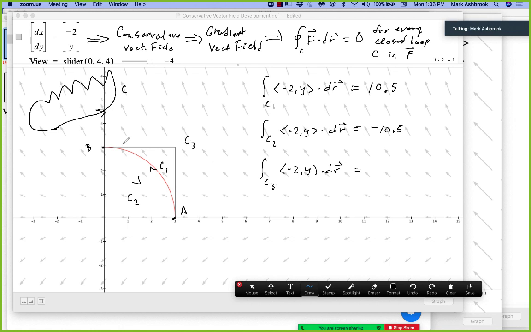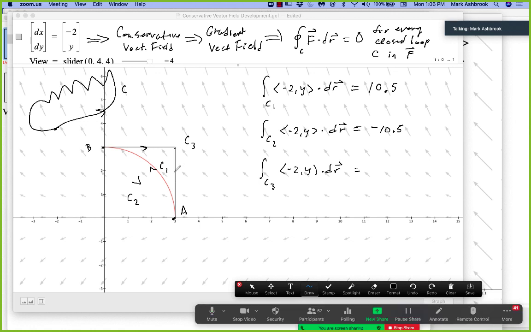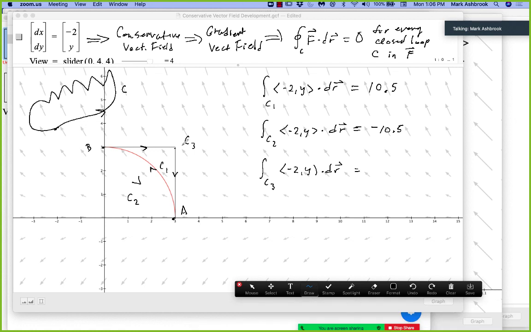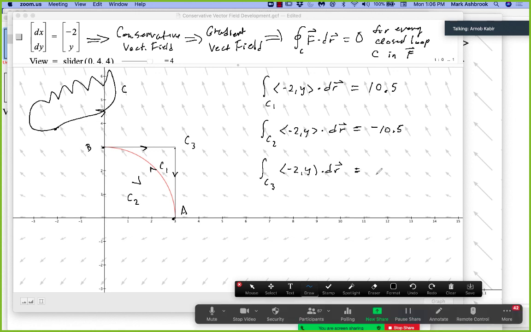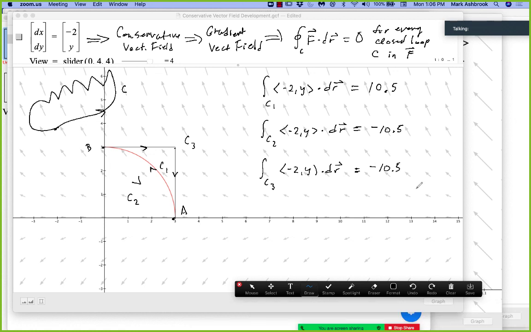It starts at B, it goes horizontally to here, and then vertically down to A. So it's a piecewise line integral that goes to this point and then down. What about the value of that? Negative 10.5. Does it make sense? Yeah, because it's another closed loop, right? So A to B, B back to A makes another closed loop.